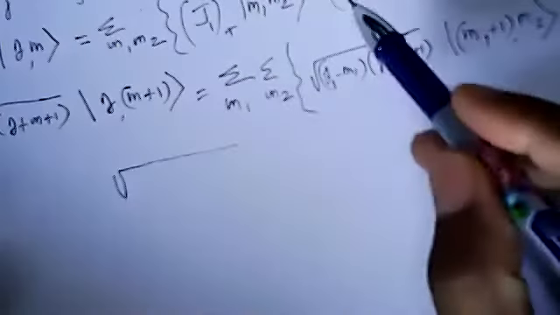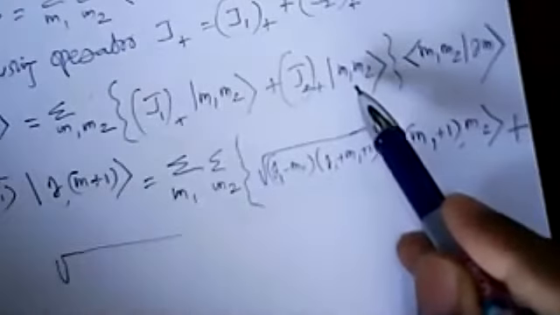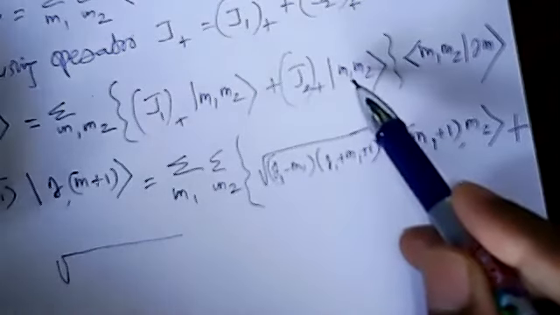Plus the root of the next one: J2 plus acting on this ket |M1, M2>. What happens? M2 gets raised by 1. No change for M1.